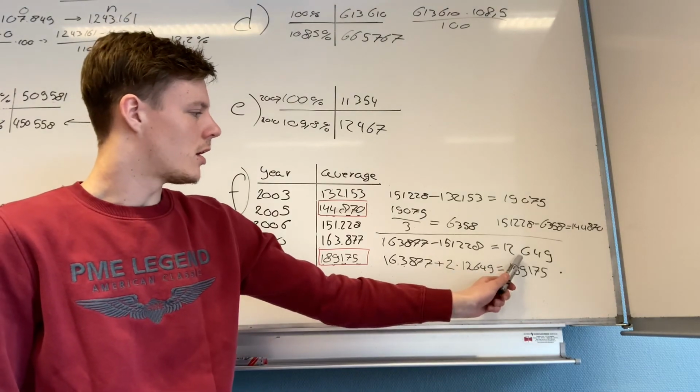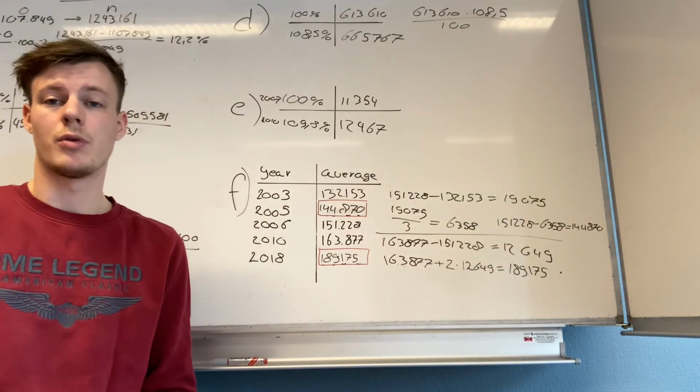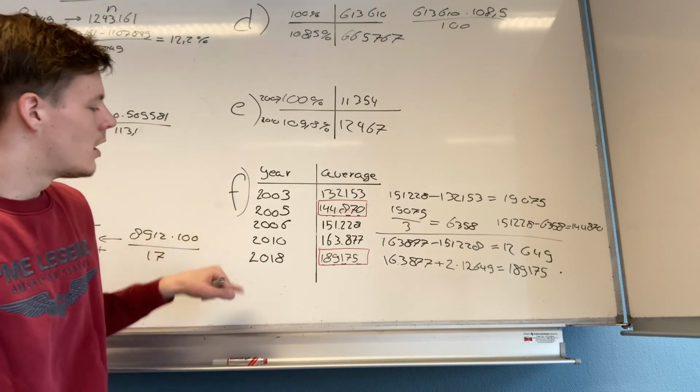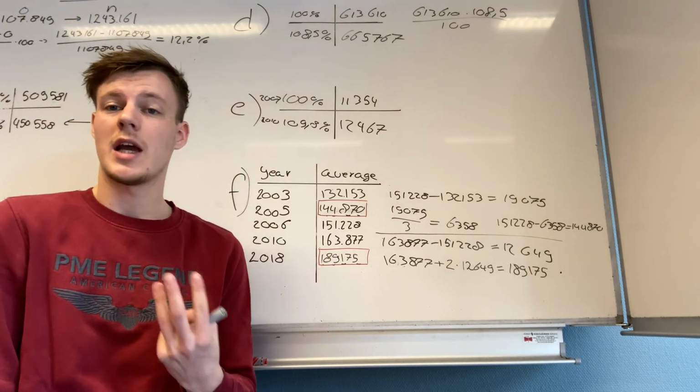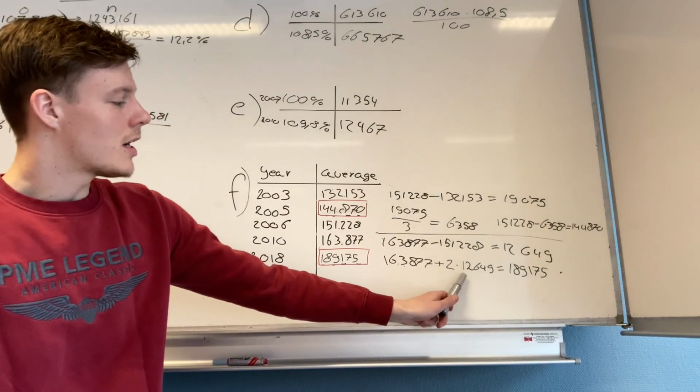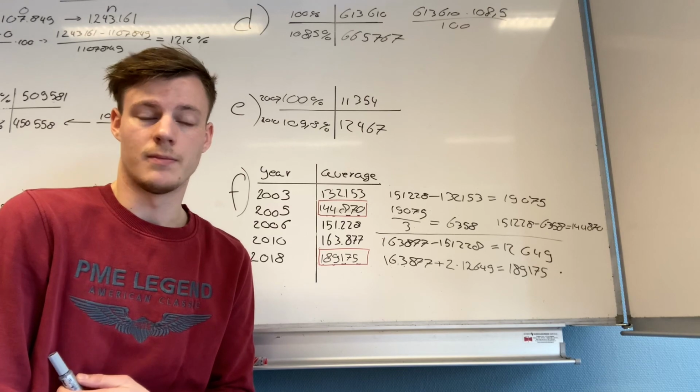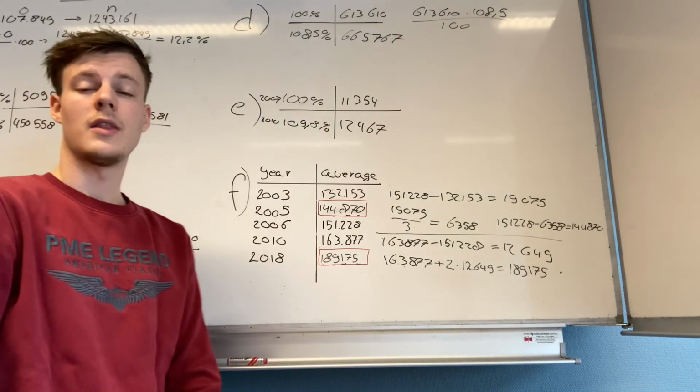So this number here is the increase per 4 years. And since the difference between 2010 and 2018 is 8 years, you add 2 times that increase to get to the number of 2018, which is this.